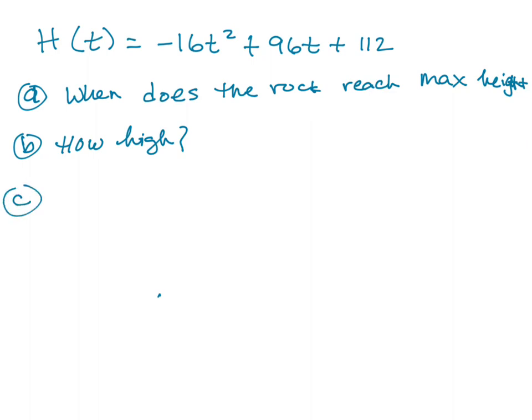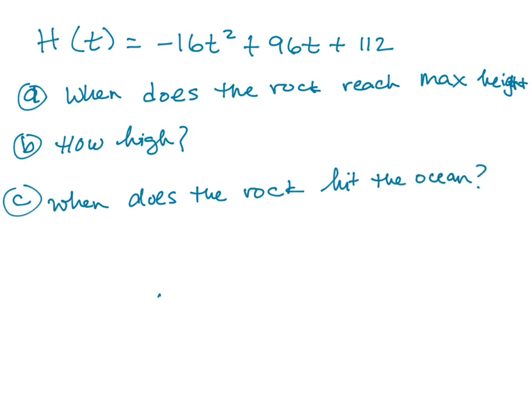And letter C, when does the rock hit the ocean? And go. So max height, that's going to be the vertex. Your x value tells you when, and your y value tells you how high.